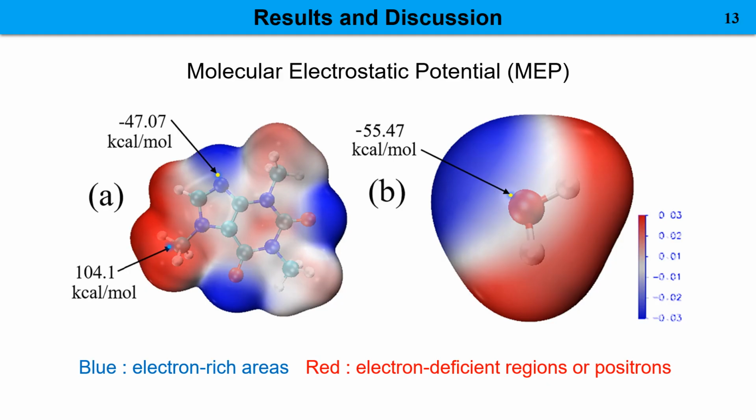MEP provides insights into the active sites of molecular interactions, thus offering clues into the nature of potential interactions between molecules. MEP diagrams utilize blue to indicate electron-rich areas and red to indicate electron-deficient regions.